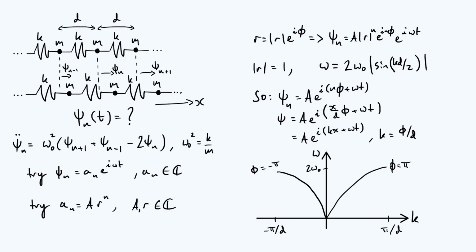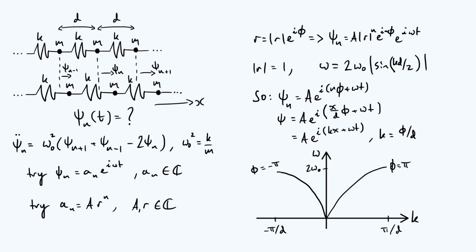For example, minus pi to pi, it's nice and symmetrical. And so the idea here is, on our graph, the phase difference between successive masses goes from minus pi to pi. If we were to extend our graph, it would be valid, but it wouldn't be representing something that's physically different, because the phase is cyclic in that sense. So we conventionally only plot this dispersion relationship over this range of k values.